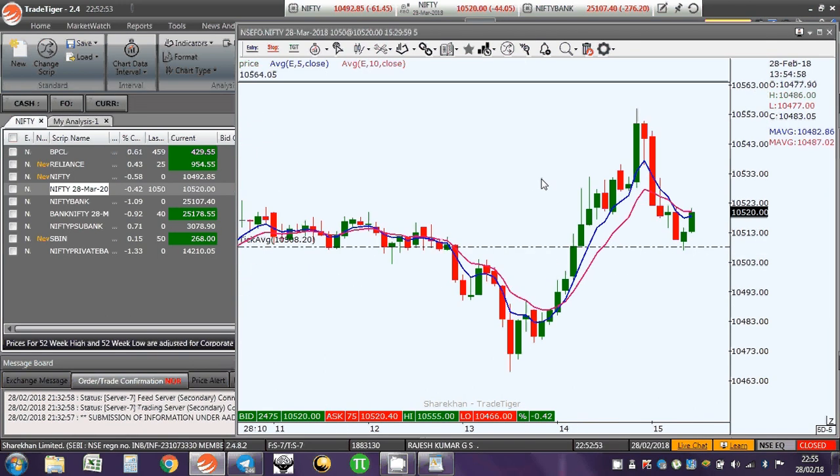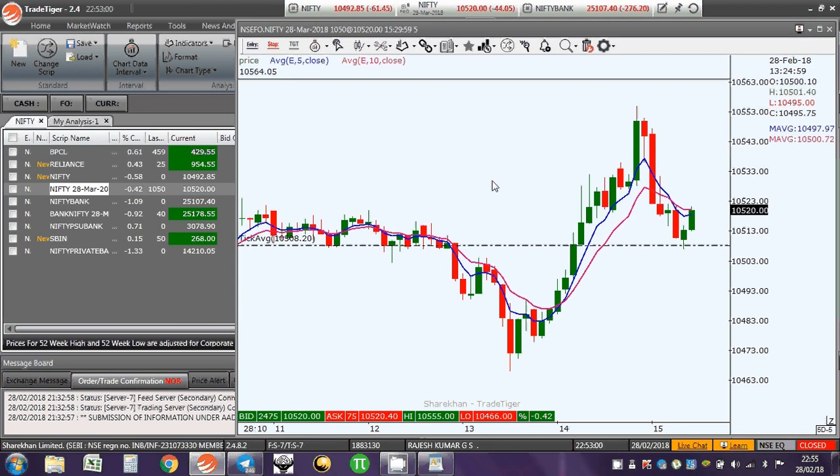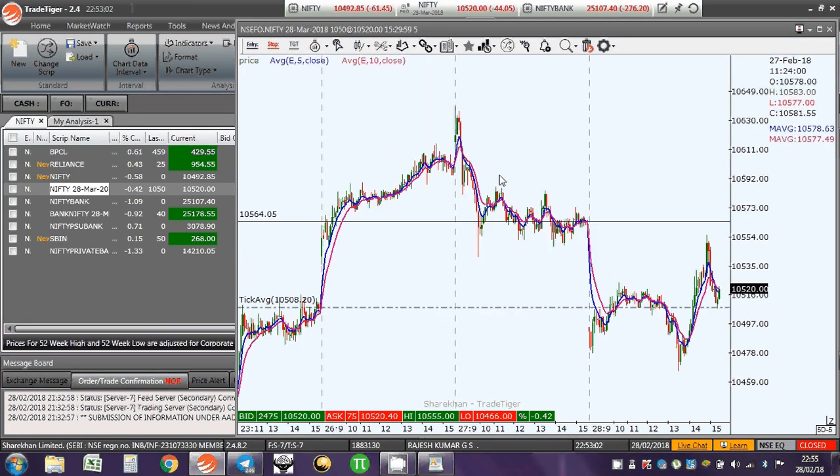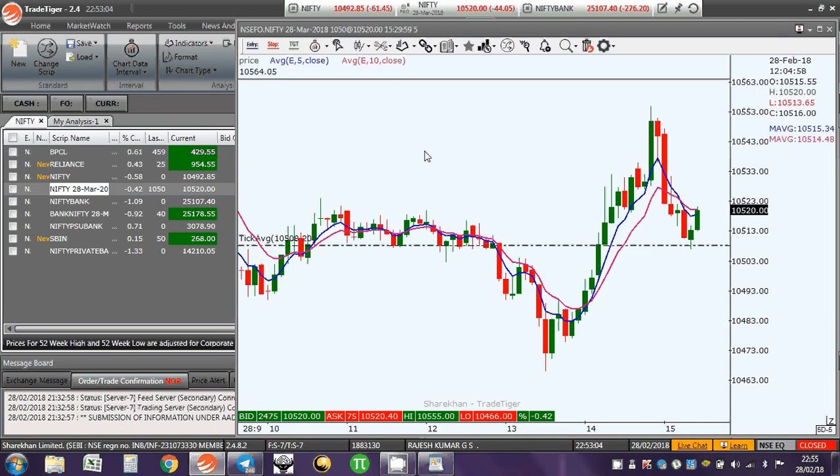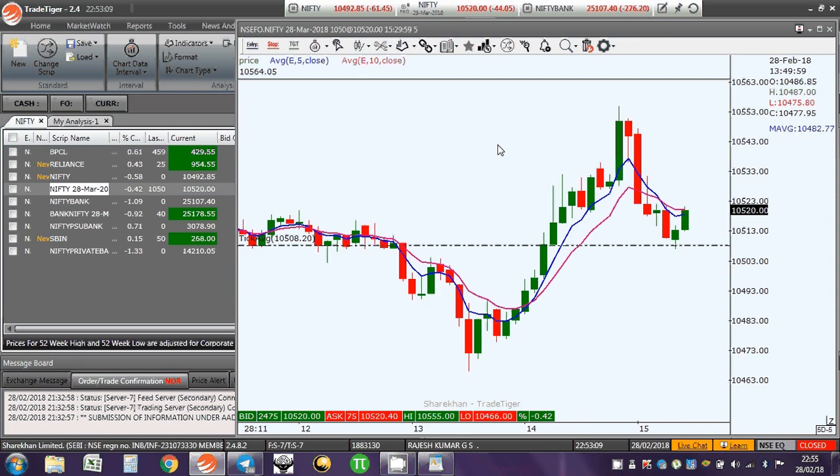Okay, this is the thing. So you can see the intraday activity of each 5-minute candle as well as the moving averages.